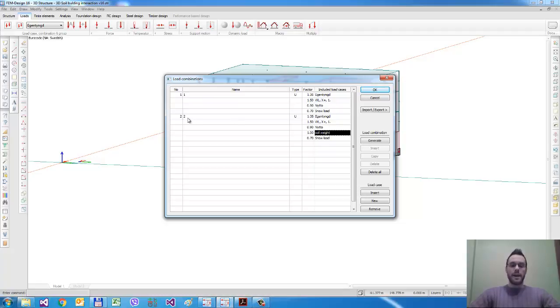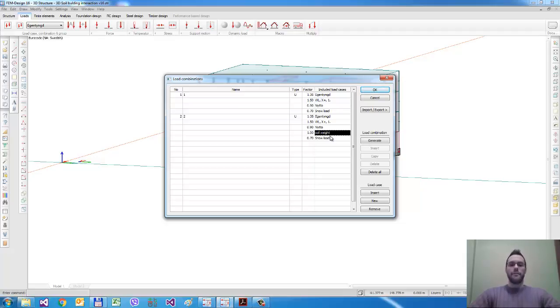But in the second case, the second load combination was calculated with a nonlinear soil calculation. So here I need to apply the self-weight in this load combination, because with this soil self-weight we calculate the initial stress state of the soil, and this initial stress state affects the final results of the nonlinear soil calculation.